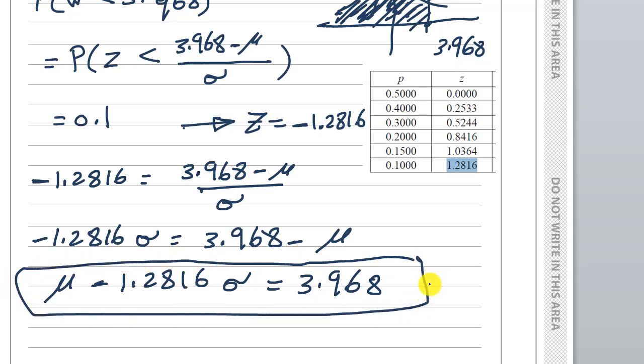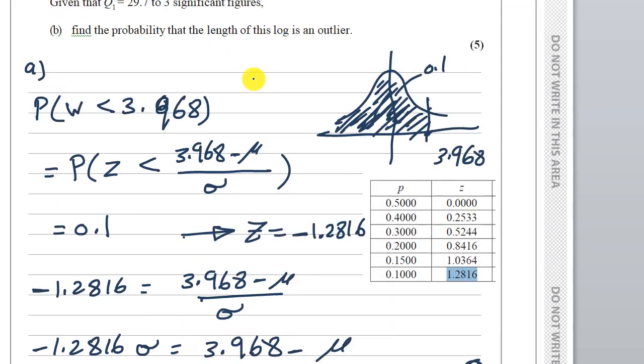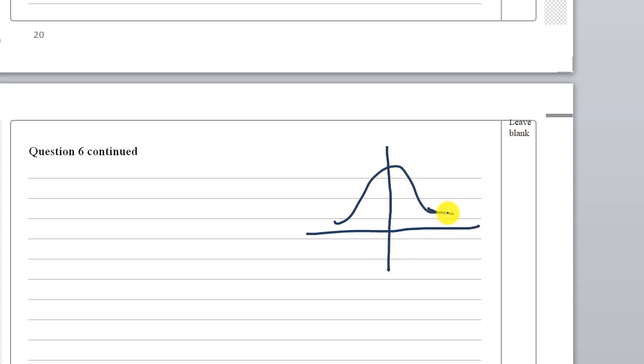And this is our first equation. Now we have 4.026, which is bigger than 3.968. So let us start to draw. If this is our standard deviation, here and here, this area is 0.75, which is here 3.968, and here we have 4.026.